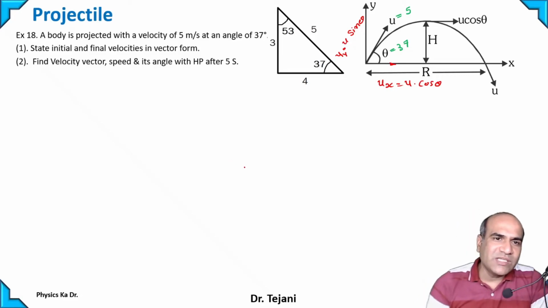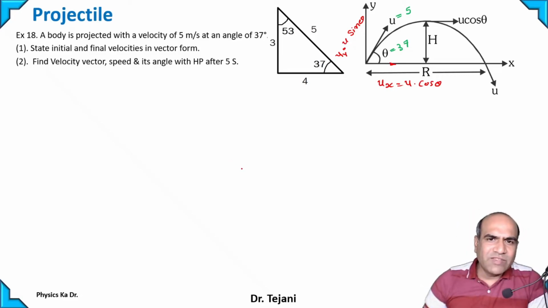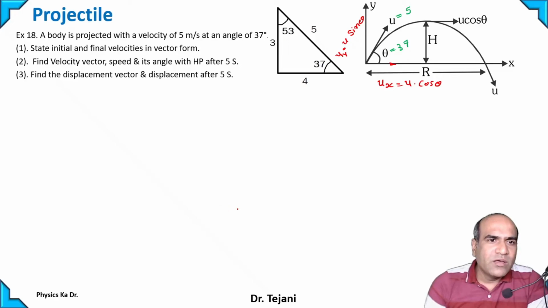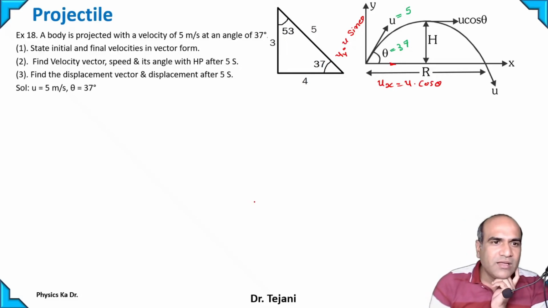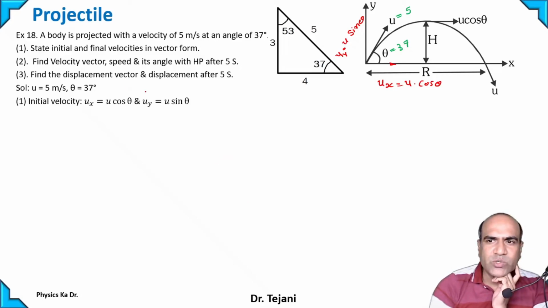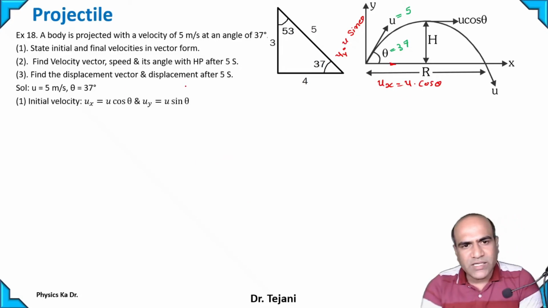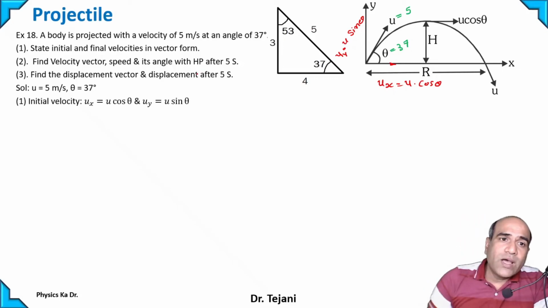Second is find the velocity vector, speed and its angle with horizontal after 5 seconds. Find the displacement and vector displacement after 5 seconds. So we need magnitude and displacement vector both. So u is equal to 5 meter per second, theta is 37 is given. Initial vector ux is equal to u cos theta, uy is equal to u sin theta. That we know very well.